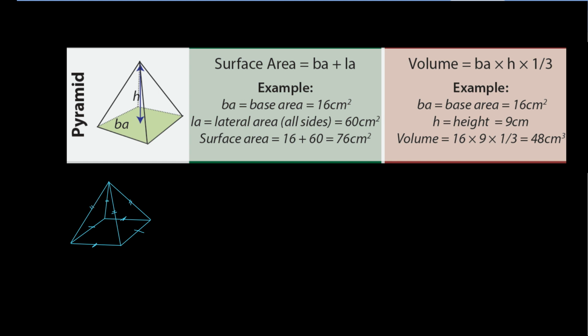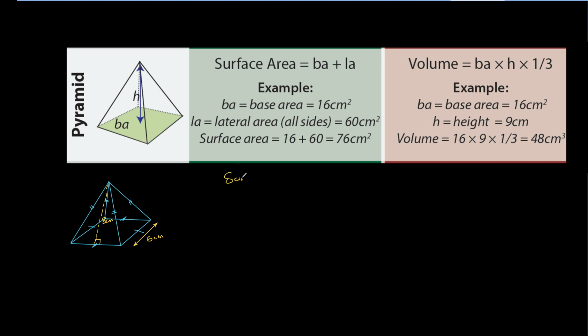I'm told that one of the sides of this is 6 centimeters, and I'm also told another thing. I'm also told that the slant height, the height that runs across over here, let's just suppose the slant height of this is given to me as 8 centimeters, and it's 90 degrees to the base.